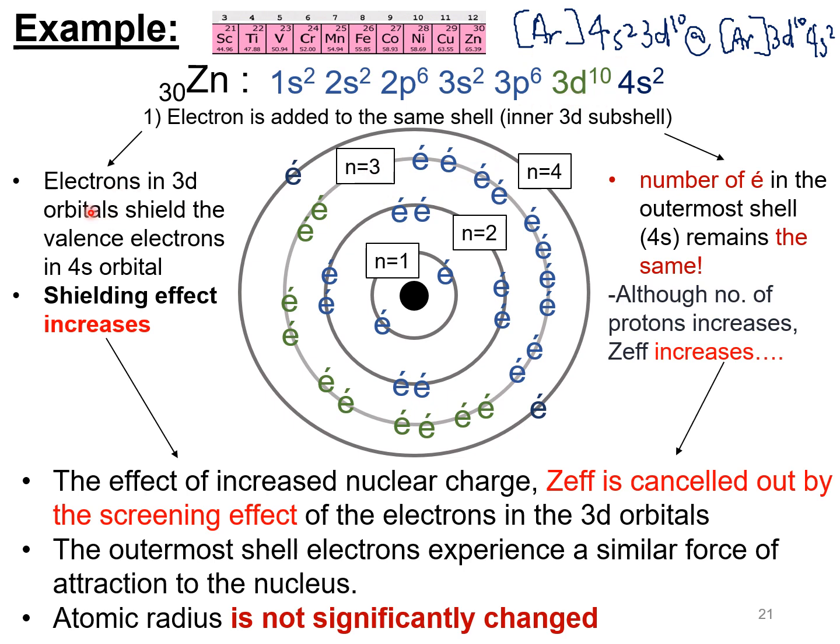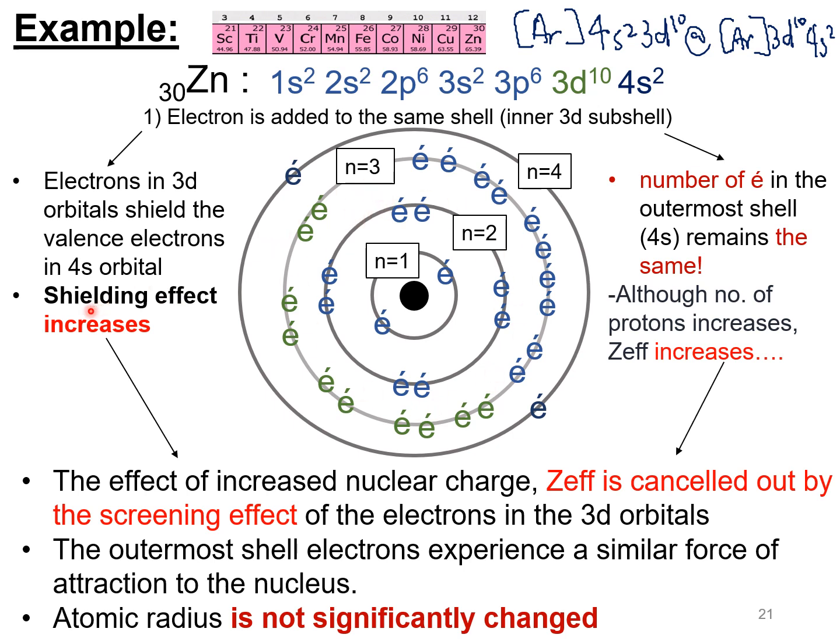Okay? Electrons in 3d orbitals, bila you add electrons dekat 3d, electrons dekat 3d orbital ni dia akan shield, dia akan protect the nucleus, dia akan protect elektron dekat valence elektron. So, electrons dekat 3d orbital ni, dia akan shield the valence electrons in 4s orbital. Bila let's say you keep on tambah elektron, makin protected lah 3d ni, okay?